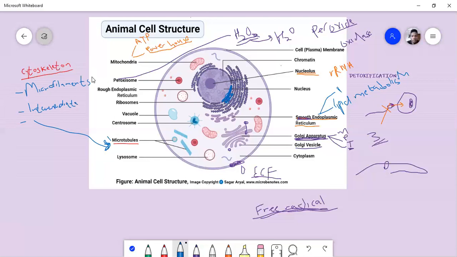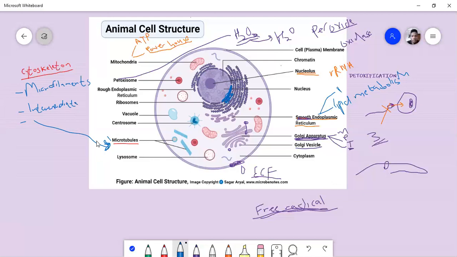So what you have to know is that your cytoskeleton basically is just a network of protein structures. But as I said, in simplest terms, it's just the cell's muscle and skeleton.